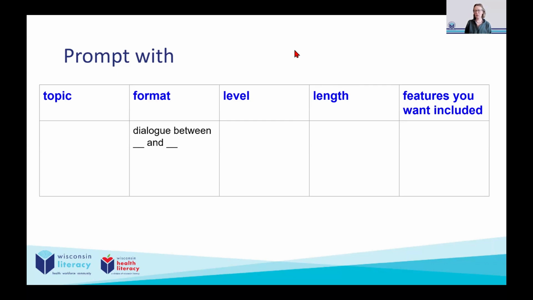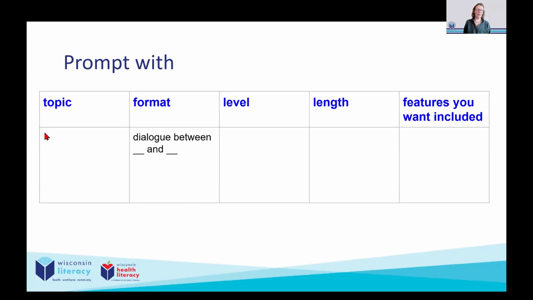If you've got ideas, what kind of topic or context would we want for a dialogue? Ooh, love it. Going to the doctor is our topic. Oh, that's also a good one. Parent-teacher conferences.